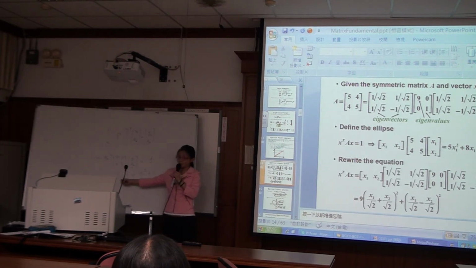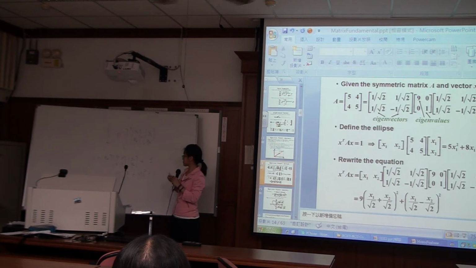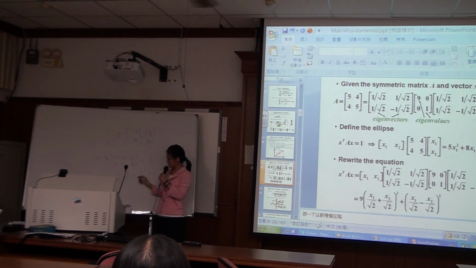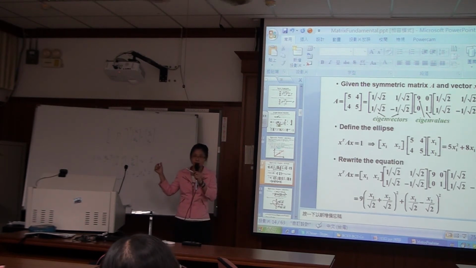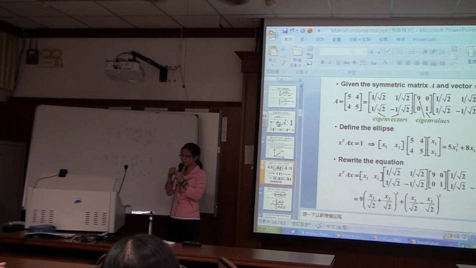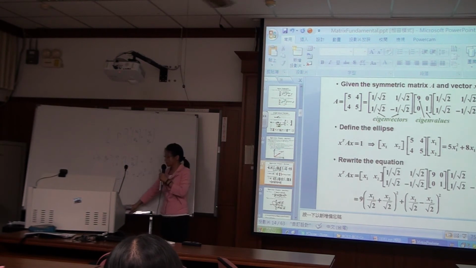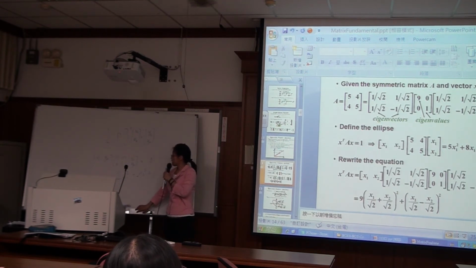When both coefficients are positive and we only have square terms, then it's clearly an ellipse. Then from the coefficients, we can determine the lengths of the long axis and the short axis, the major and minor axes.